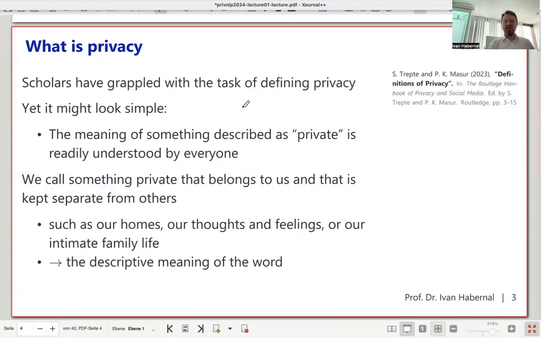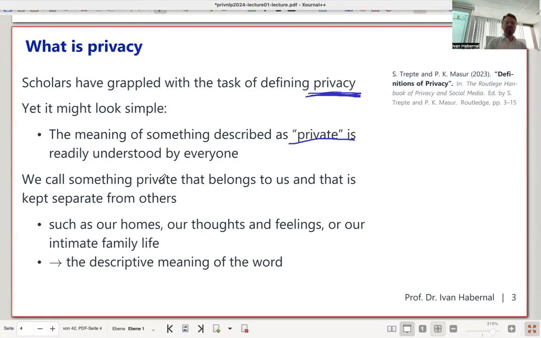As it turns out, people actually had a hard time defining privacy. If you think about it, privacy is kind of simple. If you describe something as private, it's understood by everyone. If I say, that's my private thing, you shouldn't care about it, you understand what I mean. But to define it is kind of hard.